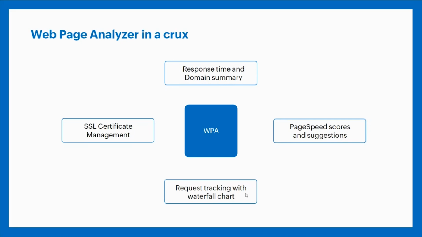You also have SSL certificate management as part of the web page analyzer, which we will see when we are adding the web page analyzer. Before you add a web page analyzer, we have specific add-ons for the same. It's a prerequisite. You should have downloaded the add-ons, and you should unzip it in the Applications Manager's working folder. Once you do that, you will be able to add the web page analyzer.